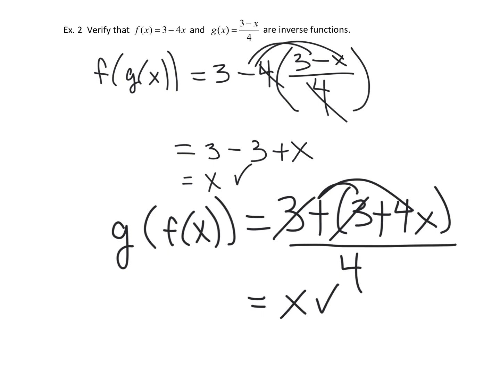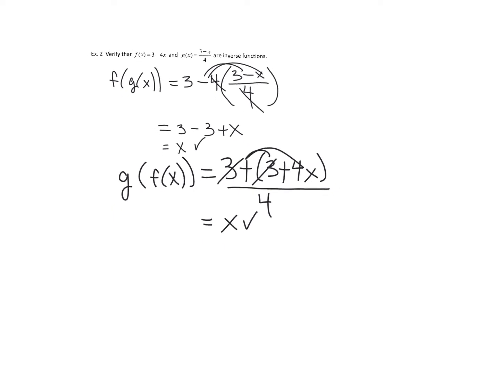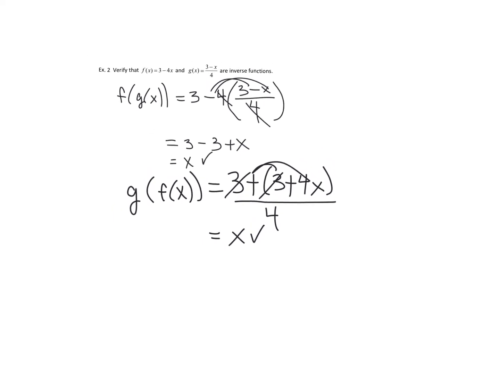What you'll find is if you plug one into the other and you get out x, it's always going to be the same for the other way around. So in your homework, make sure you practice enough of these to be confident with determining if two functions are inverses. That's one skill we have in this section, along with the other one, just finding the inverse of a function.